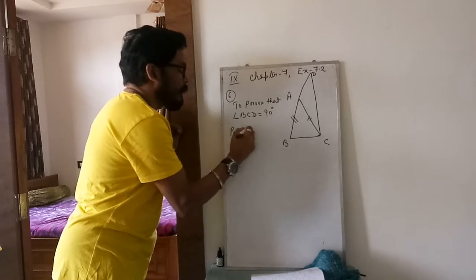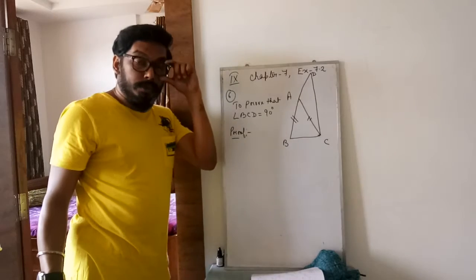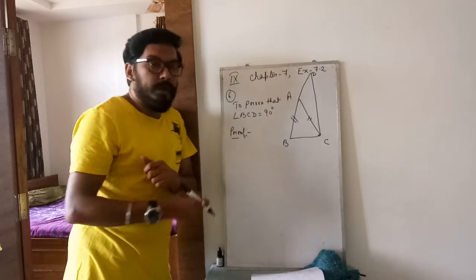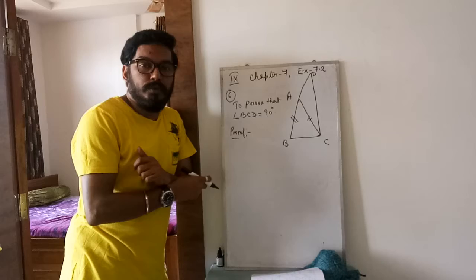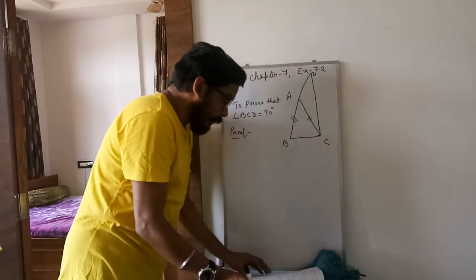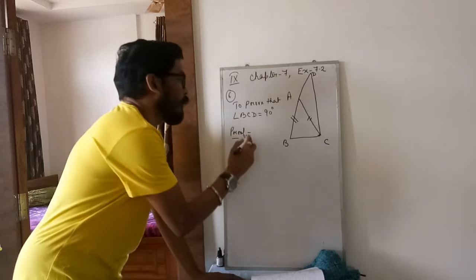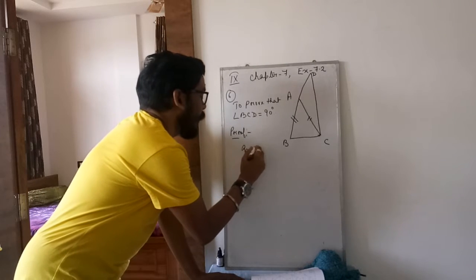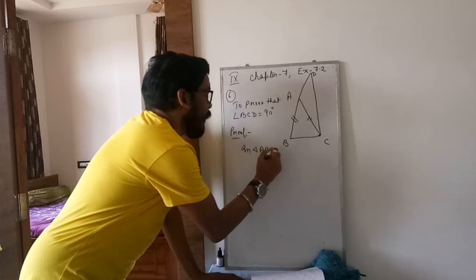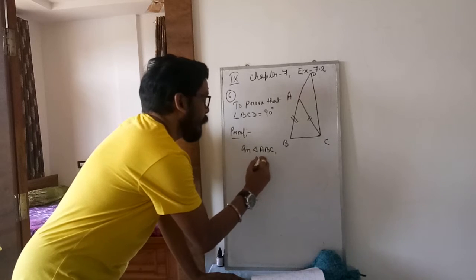We will use here theorem number 7.2. Theorem number 7.2 says angles opposite to equal sides are equal. So let me write, in triangle ABC, what is given?